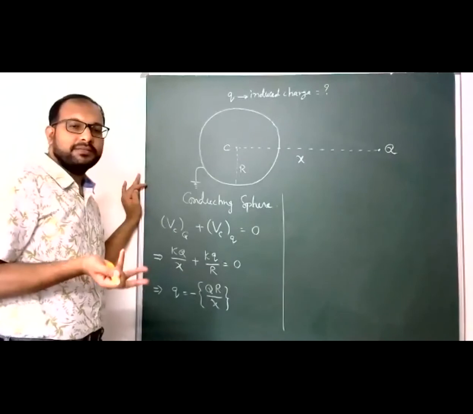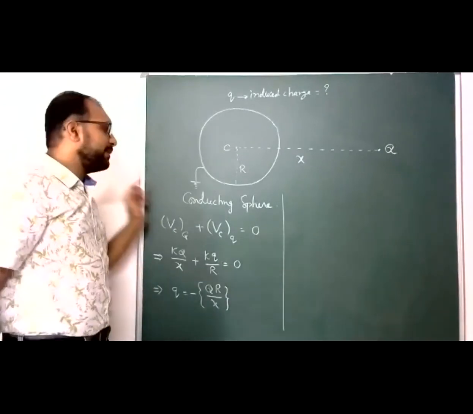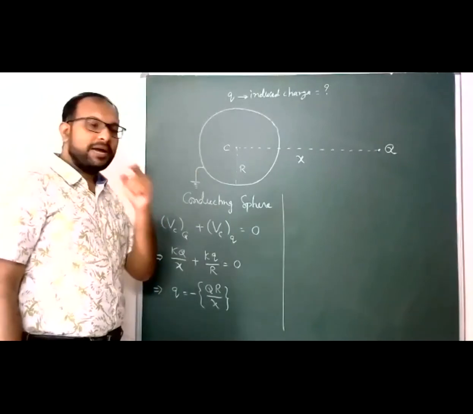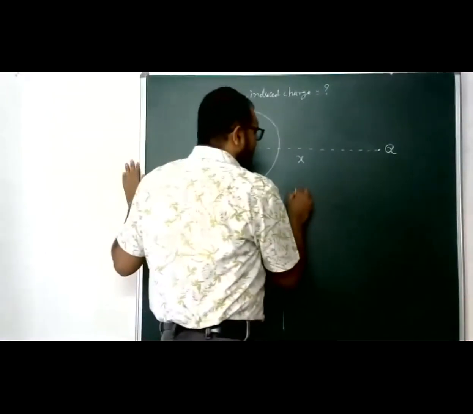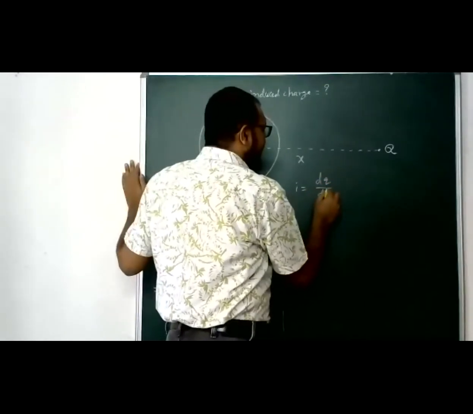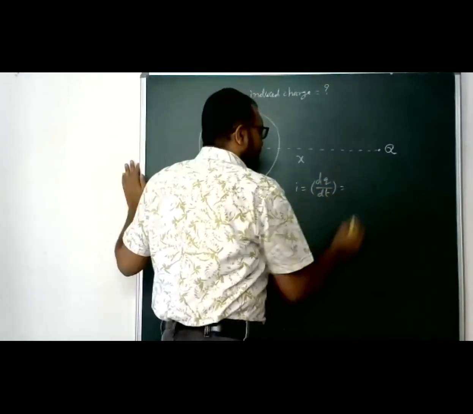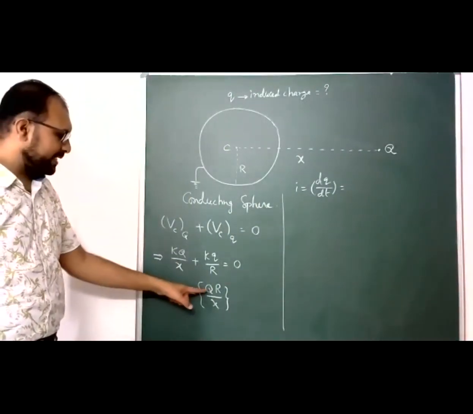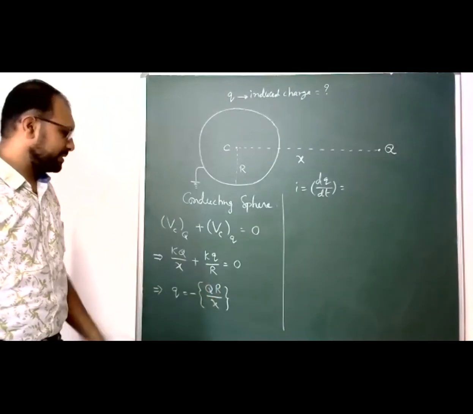Q variable means current develops. That means some current passes through this wire. I am calculating how much. Current I equals dq by dt. But what is q? Minus kQR by x.